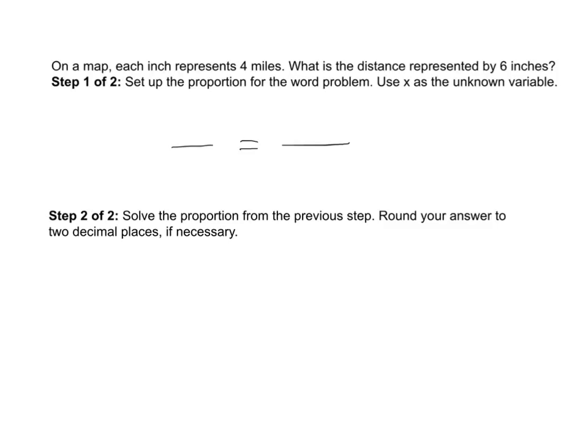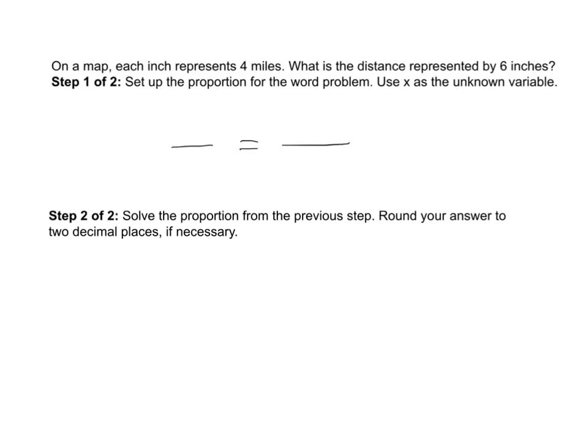First up, we'll look at a problem about proportions. On a map, each inch represents 4 miles. What is the distance represented by 6 inches? So it wants us to set up a proportion for the word problem for step 1. One thing you want to look at from this first sentence: on a map, each inch represents 4 miles.